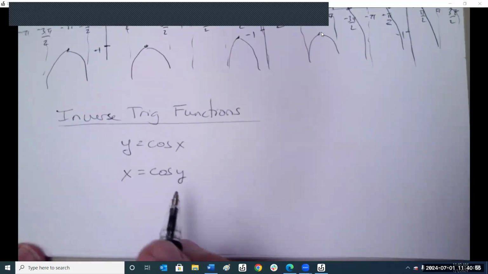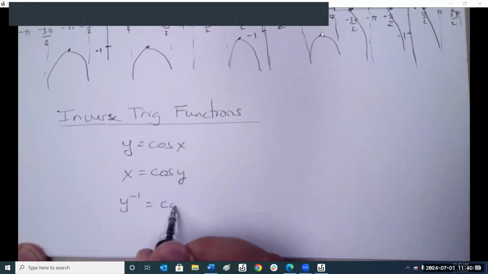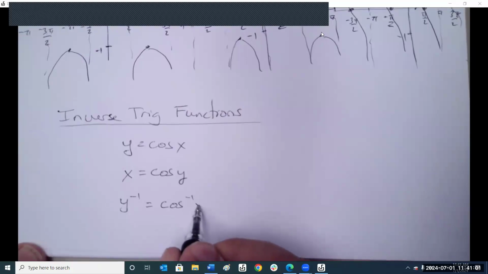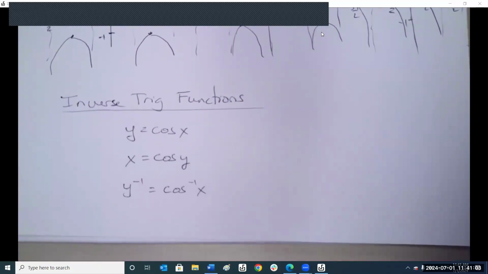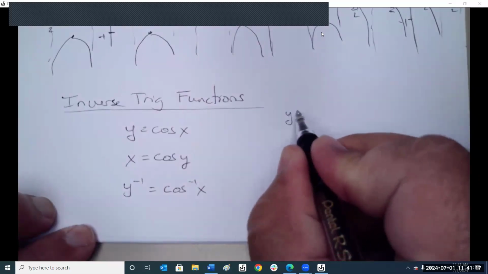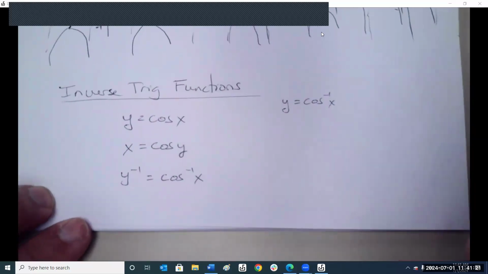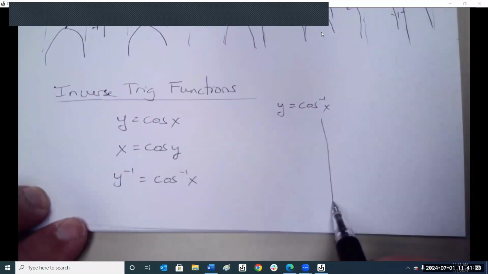And if we solve for y, the y inverse would be the inverse of cosine. Now, for example, the graph of the inverse cosine function.